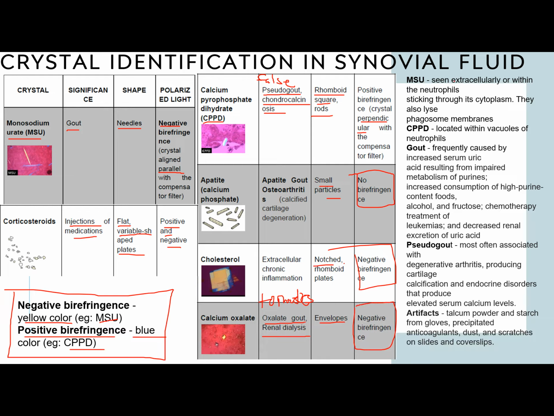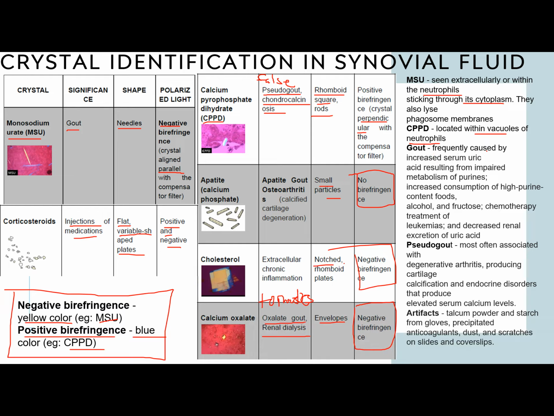So MSU, or your monosodium urate, is seen extracellularly or within neutrophils, sticking through the cytoplasm. They also lyse the phagosome membrane. While your calcium pyrophosphate dihydrate, or your CPPD, is located within the vacuoles of neutrophils. So MSU is in the cytoplasm, class, while CPPD is in the vacuoles of the neutrophil.